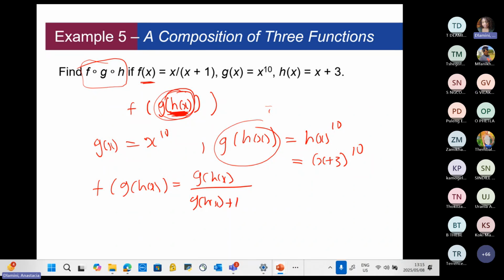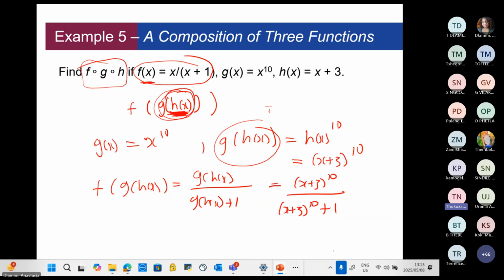And we know g of h of x is what? x plus 3 to the power of 10 over x plus 3 to the power of 10 plus 1. Why are we dividing? It's because of this: f of x is x over x plus 1.